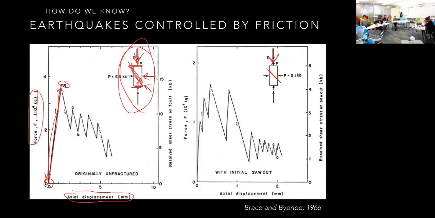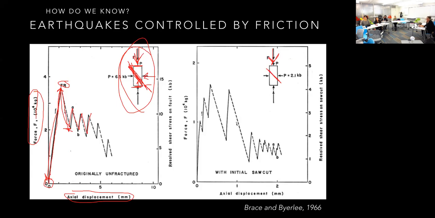Then they continue to force the machine, so they're forcing the rock, and it starts to slide on this new fault. And as it does, this funny sawtooth pattern emerges. These are stick slips. So they've got a high force. All of a sudden, it drops down. The rock is still shortening.